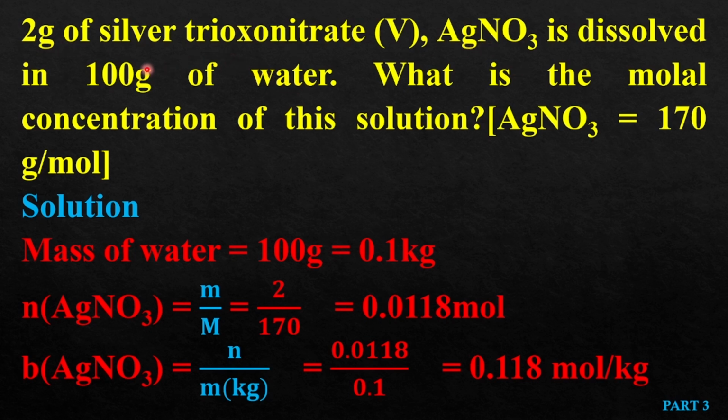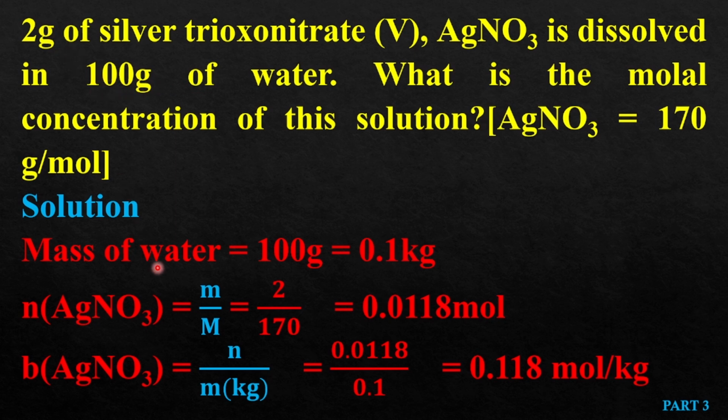Do we know that of the solvent? Yes, we have the mass of the solvent given, which is 100 grams here, meaning that we have to convert the mass of this solvent to kg, that is by dividing by 1000.